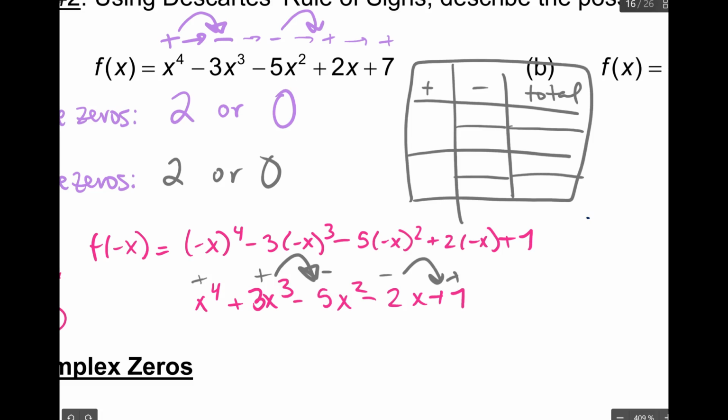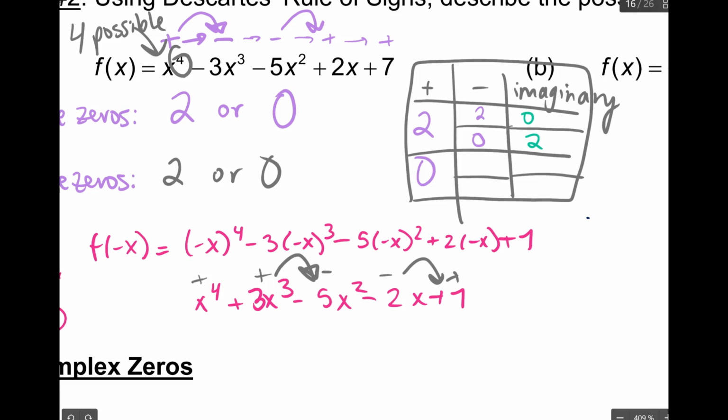If I have two positive real zeros, I could either have 2 or 0 negative zeros. Remember, this is x to the 4th, so I have a total of 4 possible zeros. So if I have 2 positive and 2 negative, that means I would have 0 imaginary. If I have 2 positive and 0 negative, I could have 2 imaginary.